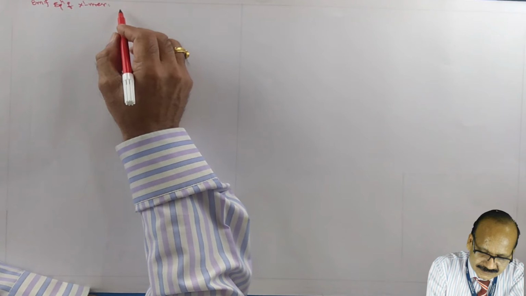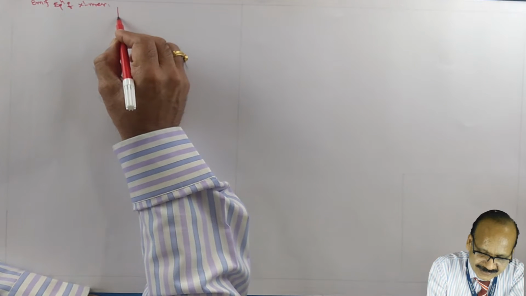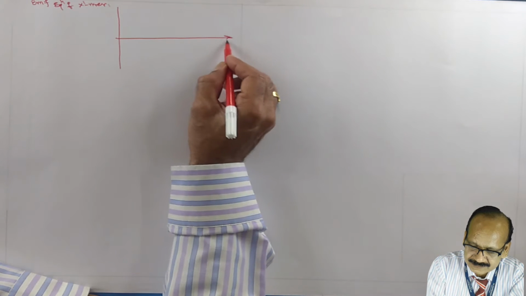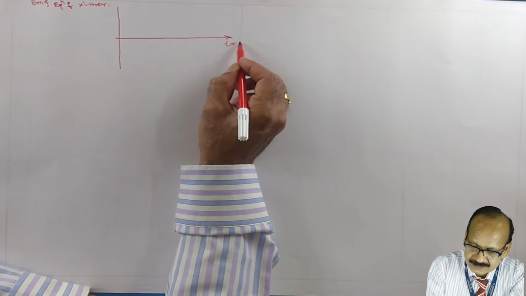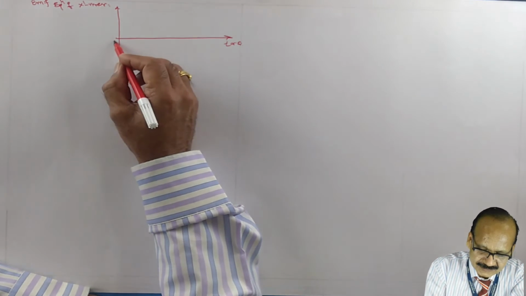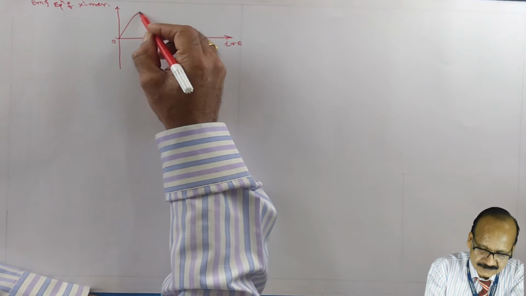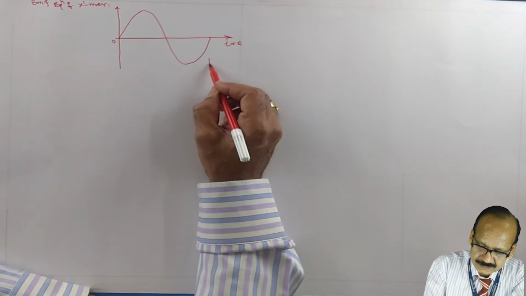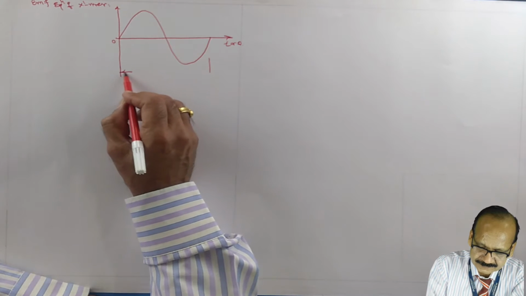So let us draw the waveform for the sinusoidally varying flux. See, this is t or time axis or theta axis, x axis, y axis is the flux. This is the origin. Now this is one cycle.